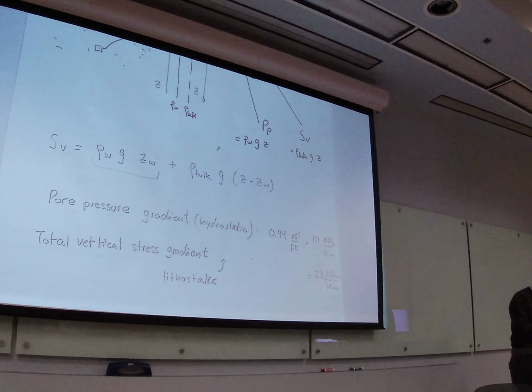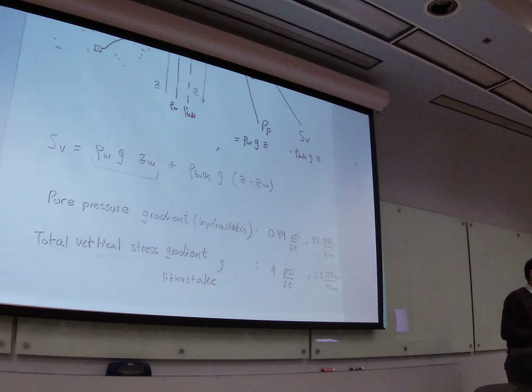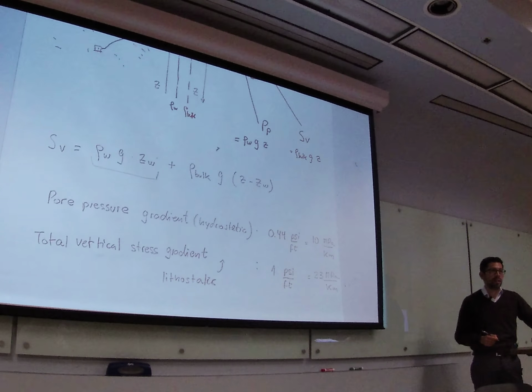Actually, it's going to be a very easy number that is almost impossible to forget. It's 1 psi. How much? 1.102, right? So let's round it, 1 psi per foot. That's the increase of total vertical stress with depth.